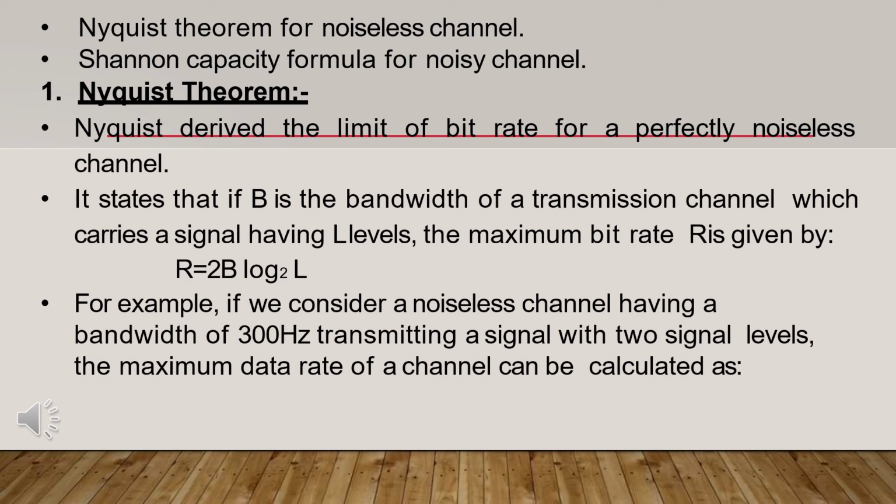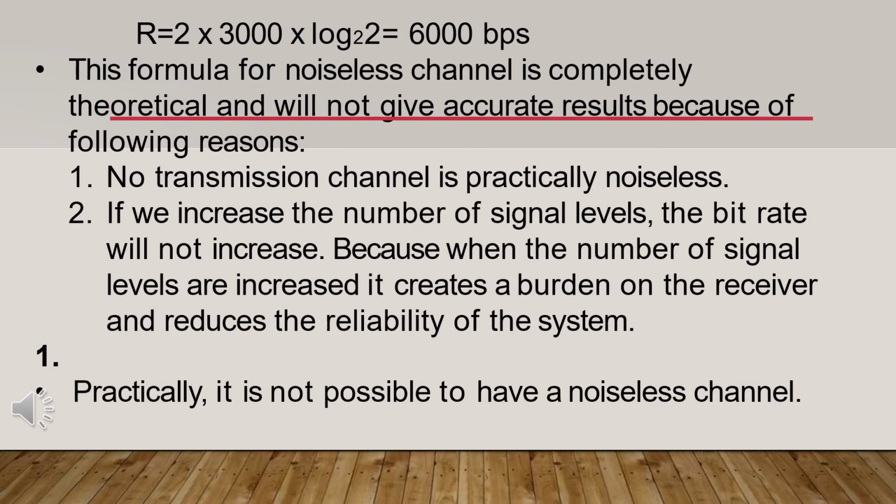A better explanation is displayed for your convenience in the given example. Just have a look. As shown in the example, as per the formula, we have calculated that we receive a speed of 6000 bps. This is for a noiseless channel, which is completely theoretical and will not give an accurate result for the following reasons.